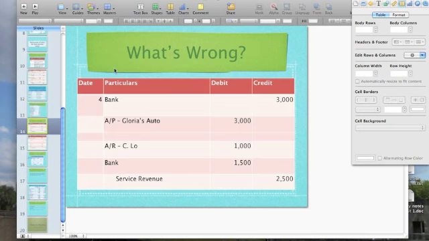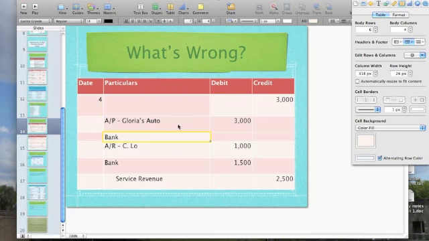Now going on. What is wrong with this journal? As you can see, there are a lot of significant errors. First, the credit always comes after the debit. The credit is always indented.